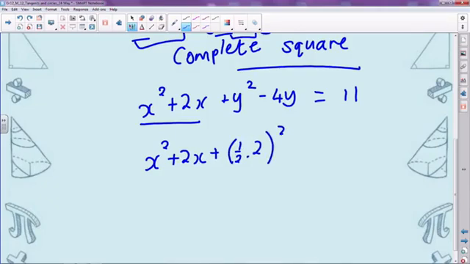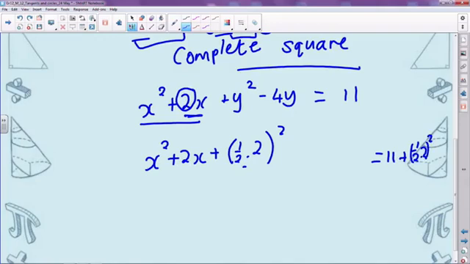Okay, so what have I done there? I've said, well, the coefficient of the 2x is 2, all right? So therefore, I'm going to say a half of the 2, and I square that. Remember, this is an equation, so if I do it to one side, I have to do that on the other side as well. So I'm going to say plus a half times 2 squared.